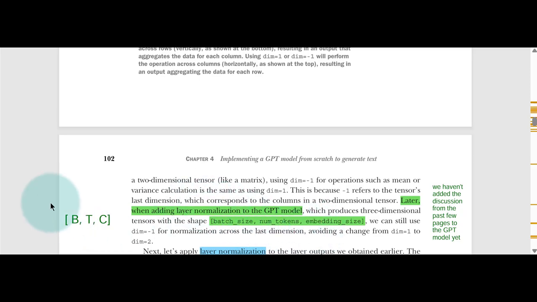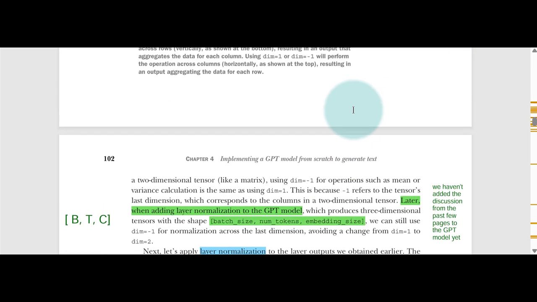I guess what it means when you say across the last dimension is that when this is 0, when this is 1, then this is 2, and you calculate these. Okay, maybe you can figure that out. I think I just figured it out.